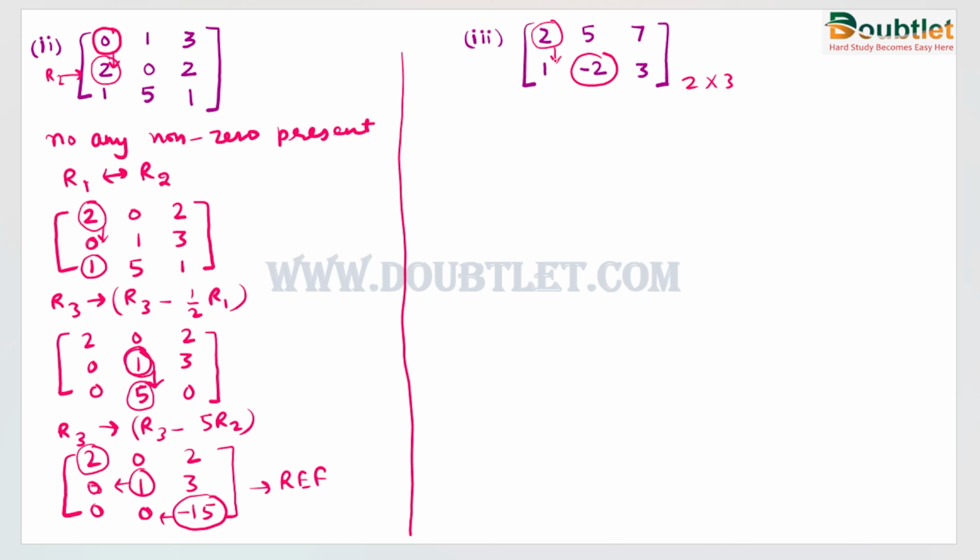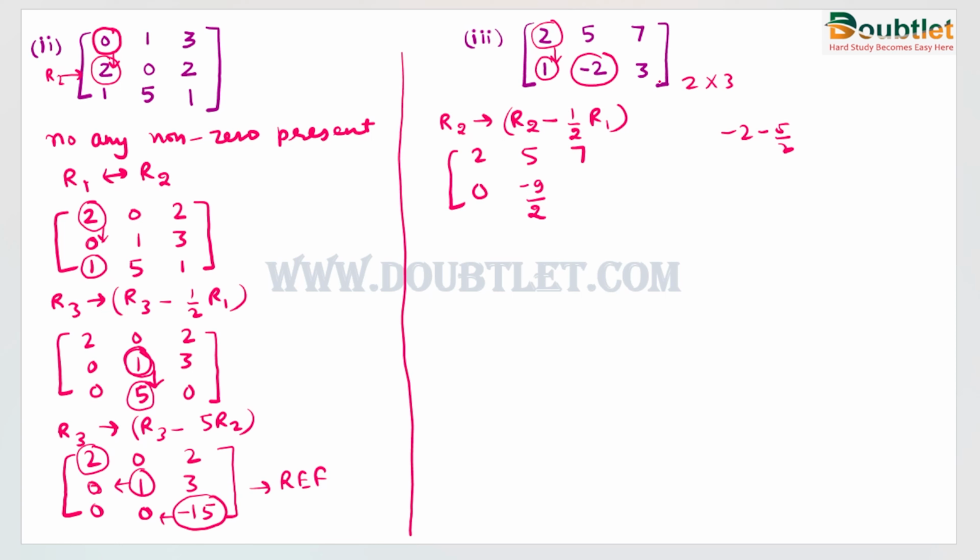Then we will look down this column, and this is the non-zero element, and we will make this element 0. So we will apply the operation in R2: R2 minus 1 by 2 R1. So if we write this, 2 5 7, the first element becomes 0. For the next we write 2 minus 5 by 2, so it will become minus 9 divided by 2.